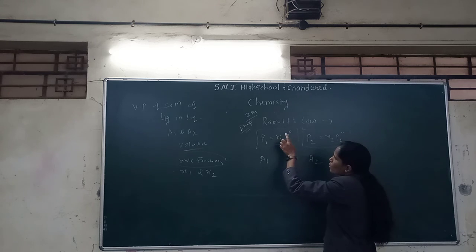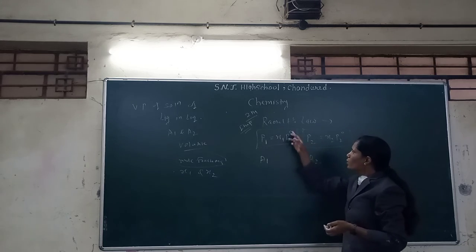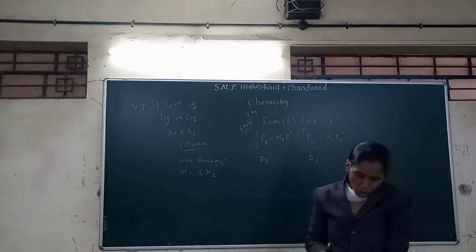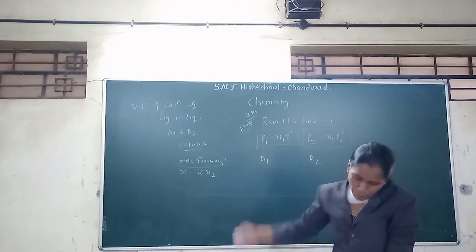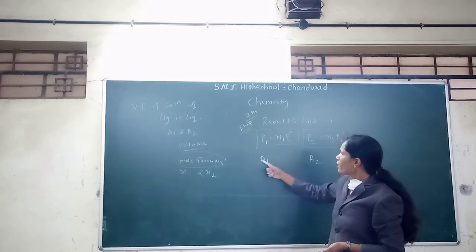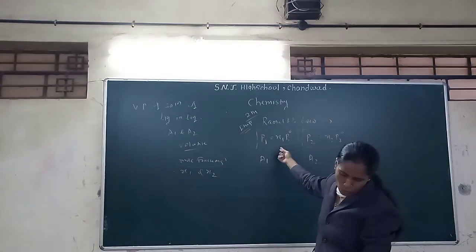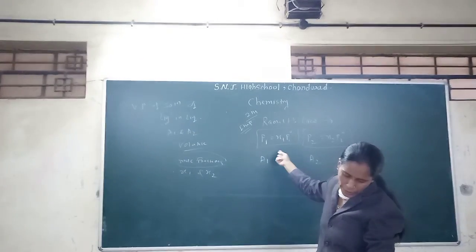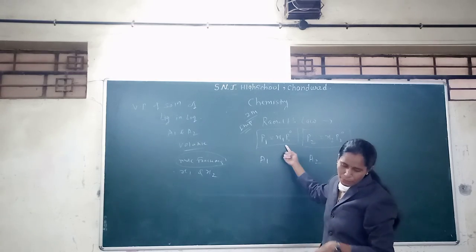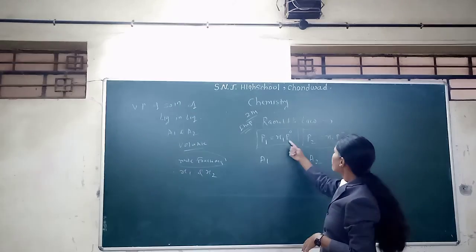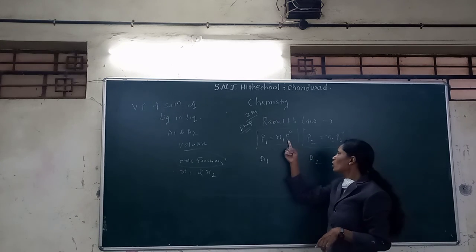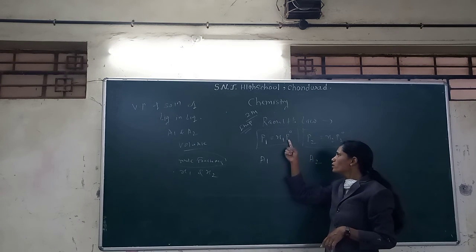The mole fraction is multiplied by the vapor pressure of the pure solvent. P1 naught is the vapor pressure of the pure solvent. Then the partial vapor pressure of any volatile compound is equal to the mole fraction of this compound multiplied by the vapor pressure of the pure substance.